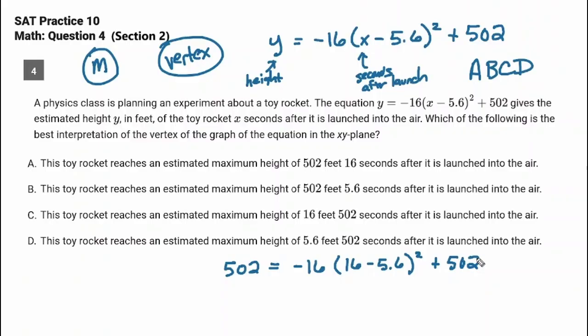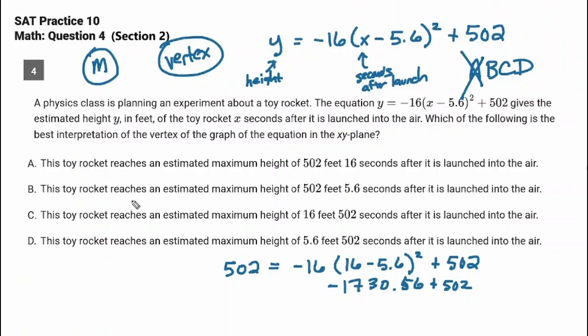You square it. You're going to get 108.16. You're going to multiply that by negative 16. And you're going to get negative 1730.56 plus 502. And you should be able to see that that's not going to equal 502. So A is gone.